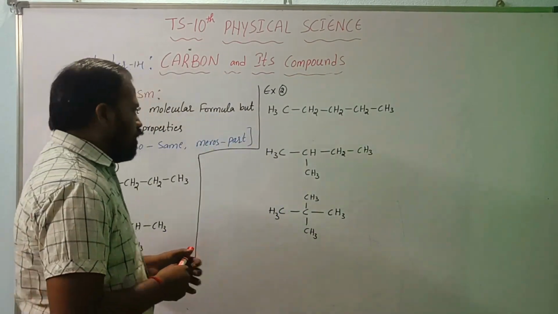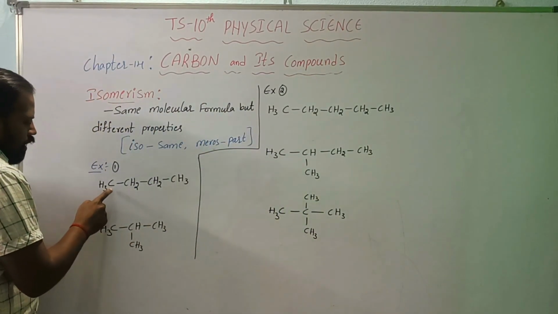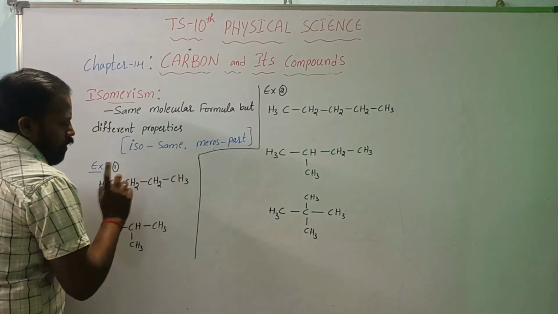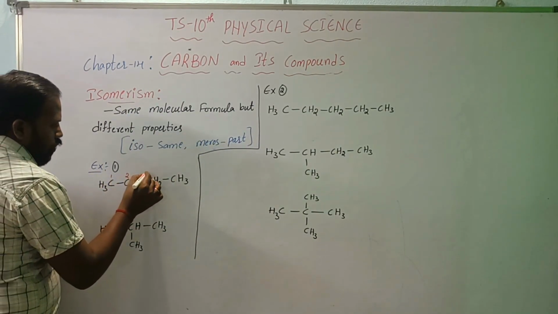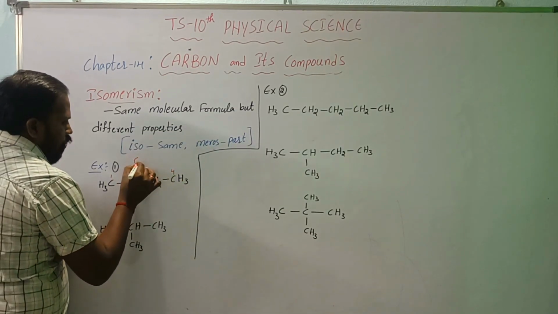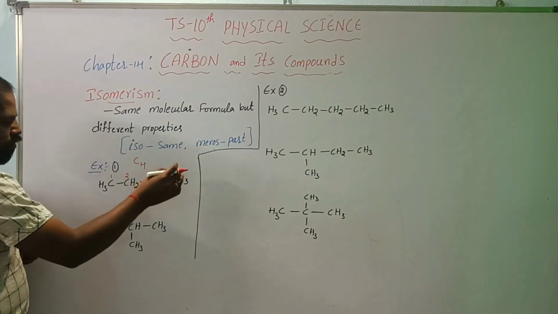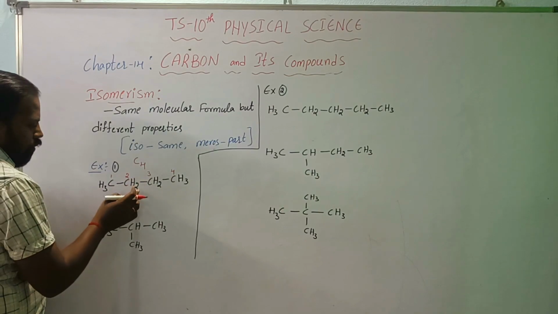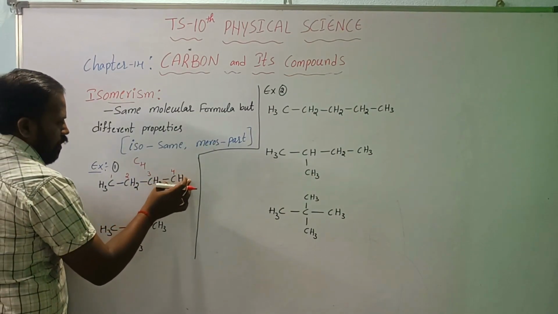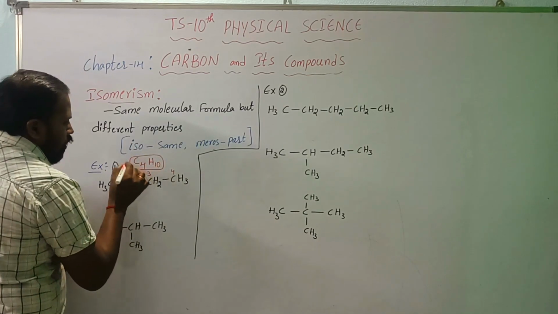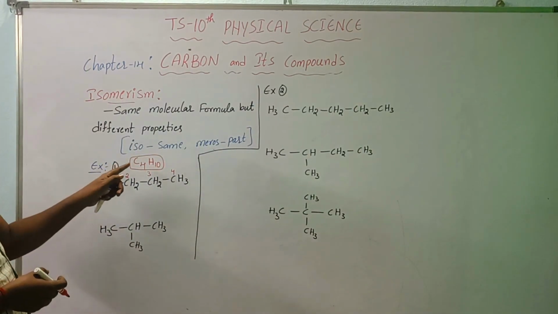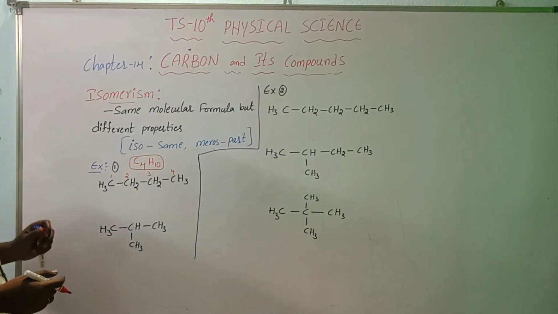Let me check with one example. I wrote here CH3, CH2, CH2, CH3. How many carbons are here? 1, 2, 3, 4: a total of 4 carbons. The number of hydrogens is 3, 4, 5, 6, 7, 8, 9, 10, so the total is 10. In this structure, carbons are 4 and hydrogens are 10.